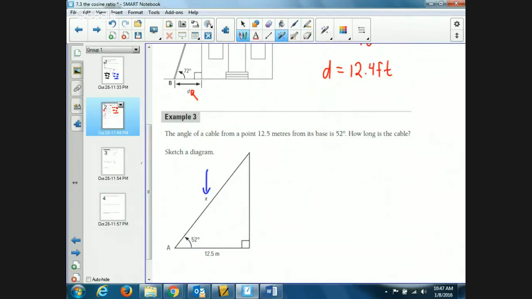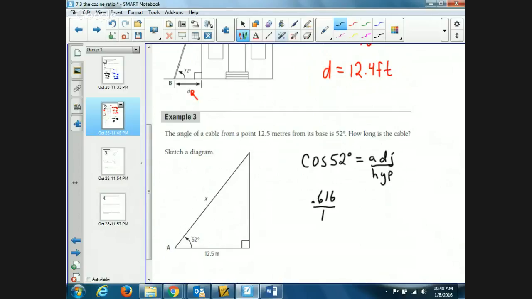So a similar setup to the others. Cosine 52 degrees adjacent. Cosine of 52 degrees in your calculator. Type it in and set up the stuff. Pause the video if you need. 0.616 over 1.